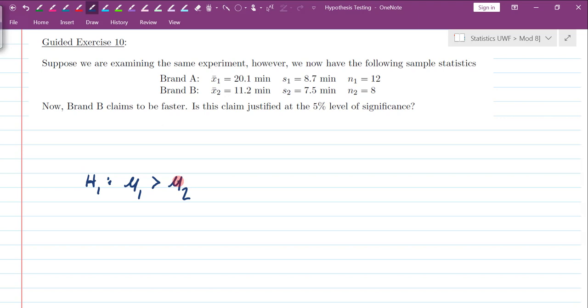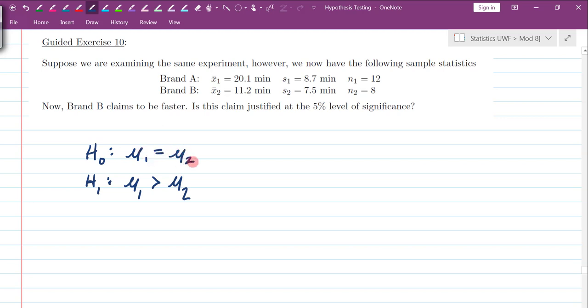So if we have a stopwatch and we're saying who can run a quarter mile faster, and we click the stopwatch and two people start to run, the person who crosses the finish line first ran faster and has a smaller time numeric value. So if we say that brand B is faster than brand A, that means mu2 is going to be smaller than mu1. Okay? So you have to look at what are we actually talking about and testing.